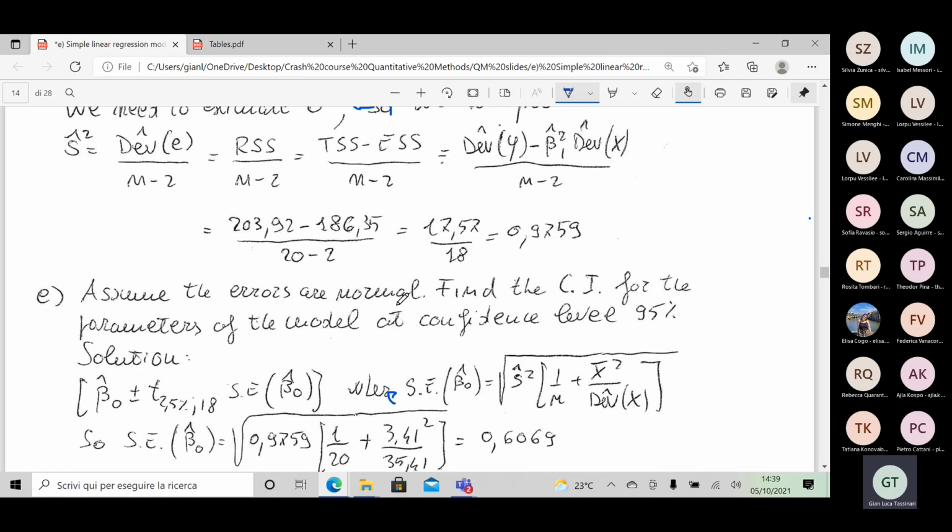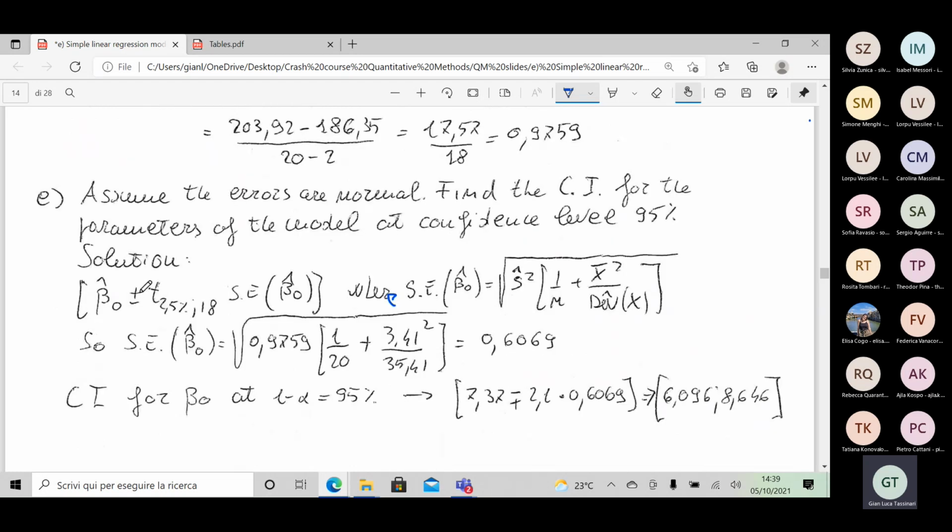So in this case, you should remember, I wrote it here, that the reference distribution is the Student's t distribution with n minus 2 degrees of freedom. If you look at the table I prepared, we have beta 0 hat plus minus what? Guys, we need to build the confidence interval at confidence level 95%.